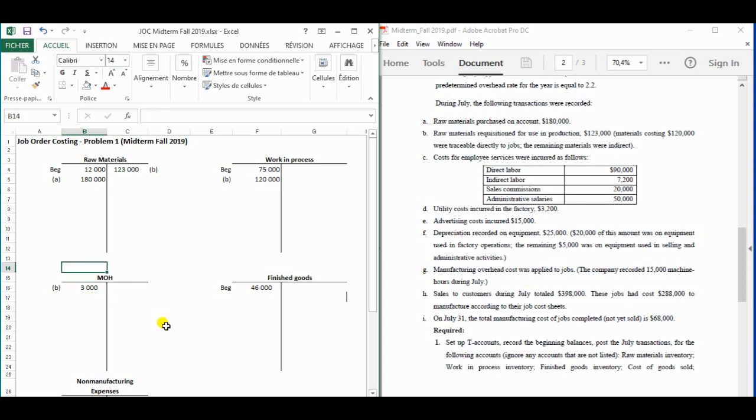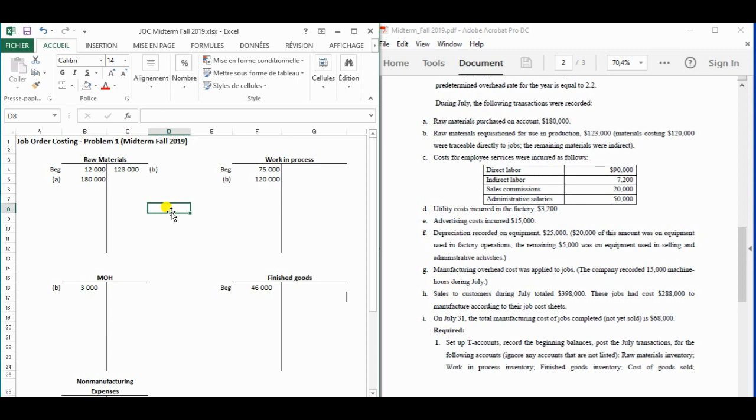Okay, so this is for the second transaction. So we consumed, or we decreased the raw materials inventory by $123,000. We transferred these raw materials in work in process, so the direct raw materials in the work in process, and the indirect part in MOH.